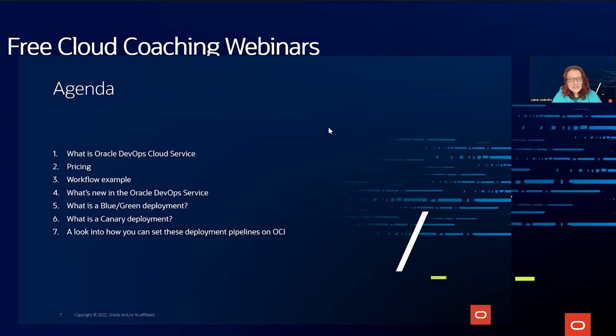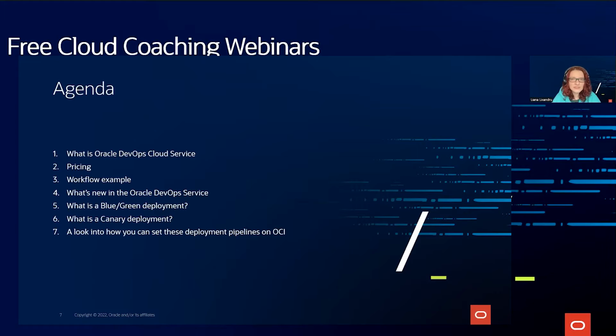So first of all, we'll chat a bit about what the Oracle DevOps Cloud Service is and the pricing involved. We'll see a workflow example, speak a bit about the architecture, and check out what's new in the Oracle DevOps service. Maybe you haven't seen the latest news and additions to the service, so we'll take a very quick look at that. Then we'll get right into the new deployment strategies.